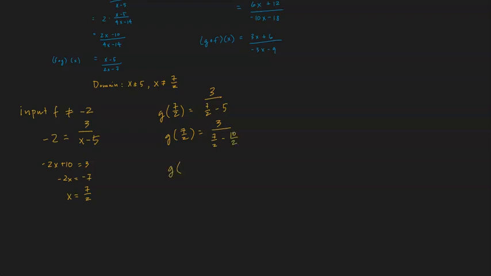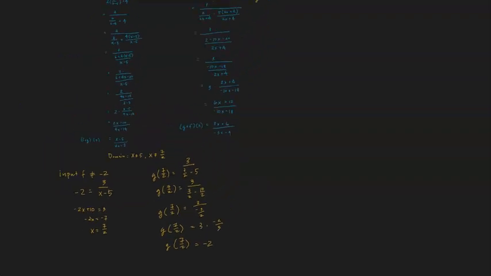So g of 7 over 2 equals 3 over negative 3 over 2. So g of 7 over 2 equals 3 times negative 2 over 3. So g of 7 over 2 is going to be equal to negative 2.